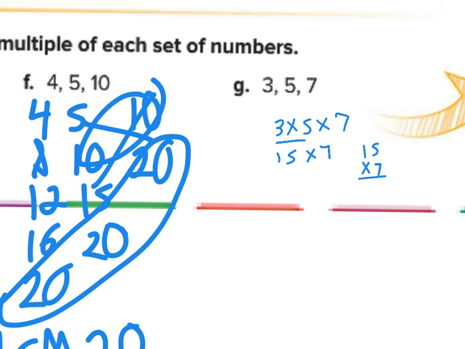We have 7 times 5, 35, carry the 3. 7 times 1, 7, plus 3 is 10, so it's 105. And when counting by 3s, 5s, and 7s, the first number that they all have together will be 105.